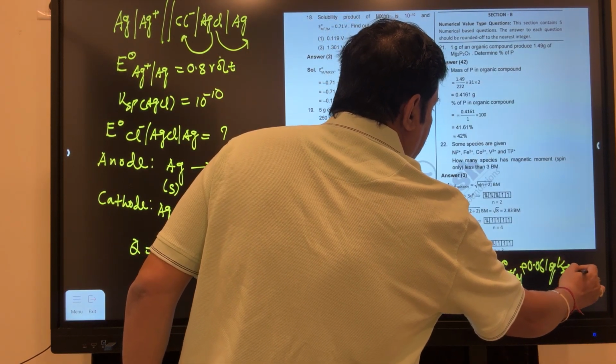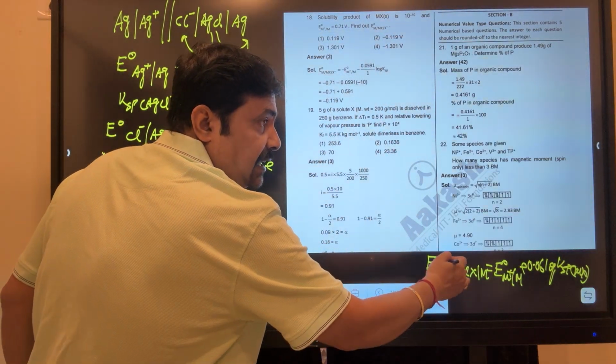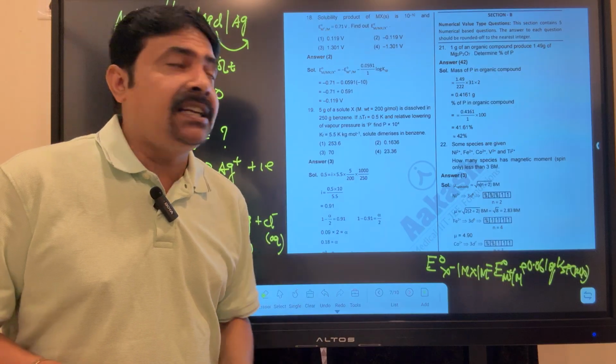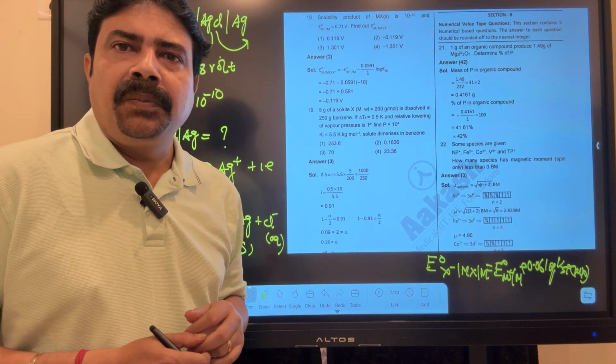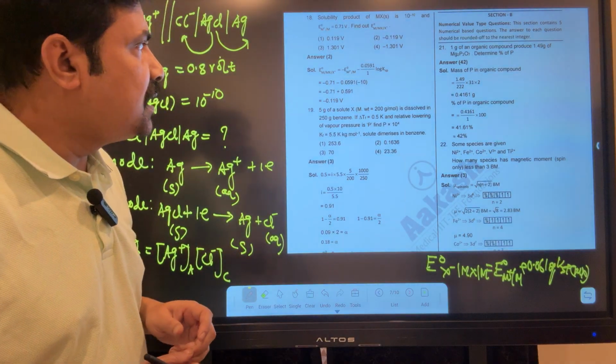Whatever data they are giving, you will get this electrode. If it is acting as a cathode, reverse it, make it minus, and immediately you will get the E naught of MX, X minus. I hope I was able to give clarity. Okay, I hope you understood.